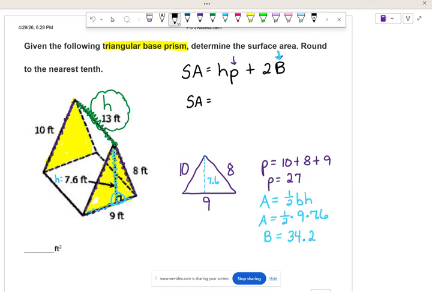The height of the prism was the 13. Perimeter of the base was 27. Big B, area of the base, was 34.2. Let's type all that in our calculators and see what we get.